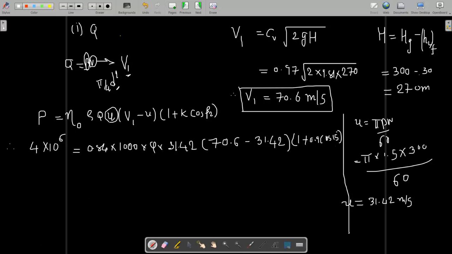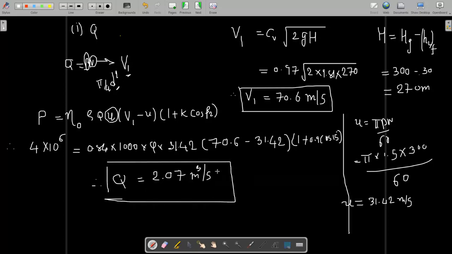When you solve all this, you will find Q as 2.07 meter cube per second, but this discharge is from one nozzle, per nozzle. So for the total discharge Q, multiply with 4.